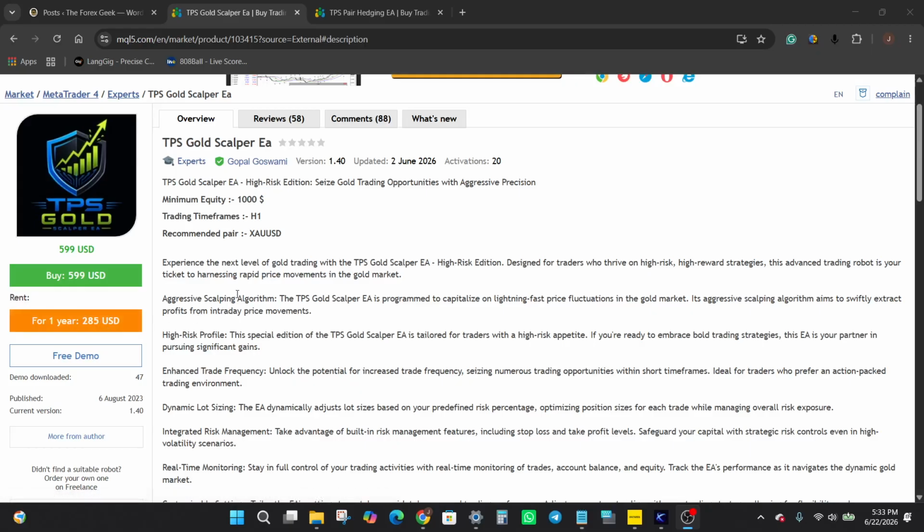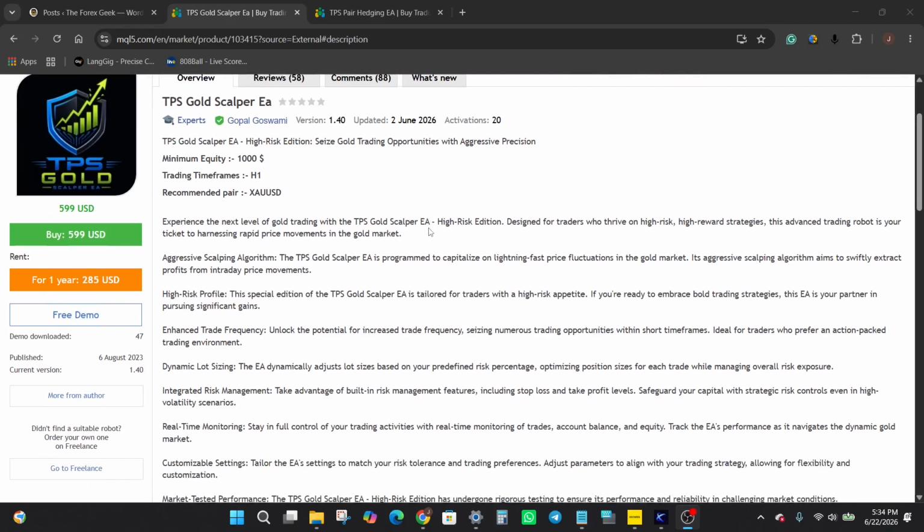The product is presented as the high risk edition of TPS Gold Scalper EA, and the developer is very clear about the intended trading profile. This version is specifically designed for traders who are comfortable with higher levels of risk in pursuit of potentially larger returns. The recommended trading setup is also clearly stated on the page.